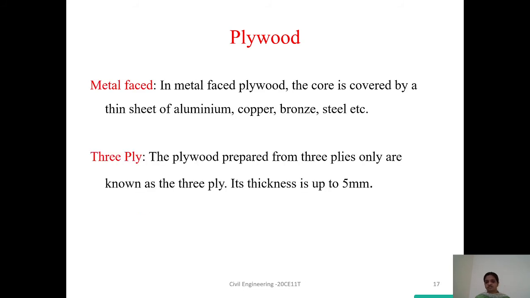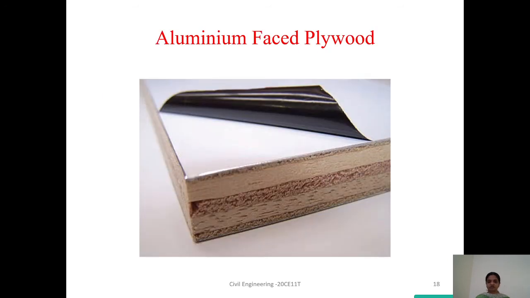In metal faced plywood, the core is covered by a thin sheet of aluminium, copper, bronze or steel, etc. 3-ply. The plywood prepared from 3 plies only. When only 3 plies are used, it is known as 3-ply. Its thickness is up to 5 mm.